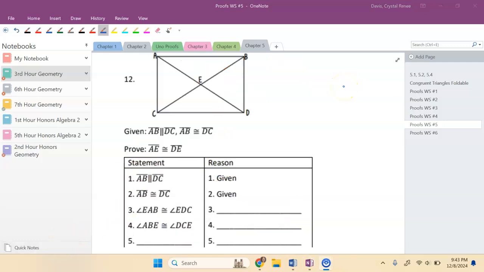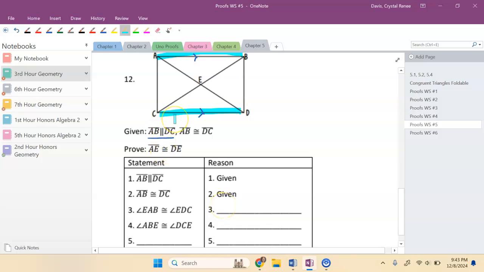All right, last one we're going to look at is number 12. So I'm given that AB is parallel to DC, and then I'm also given that AB is congruent to DC. Those two are what's given.